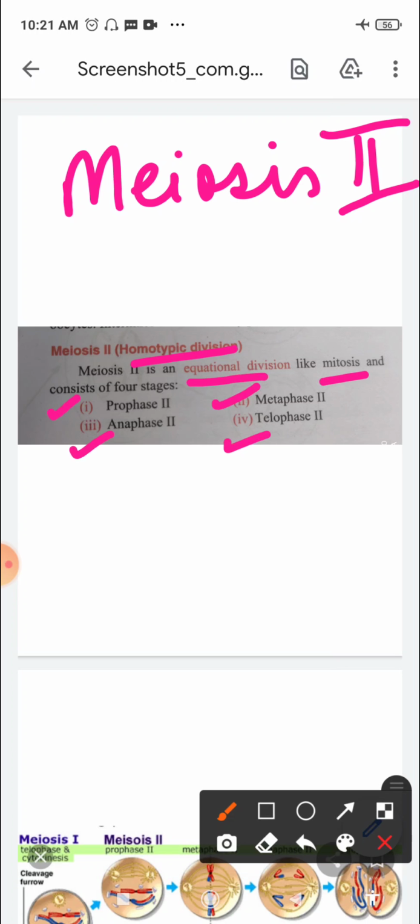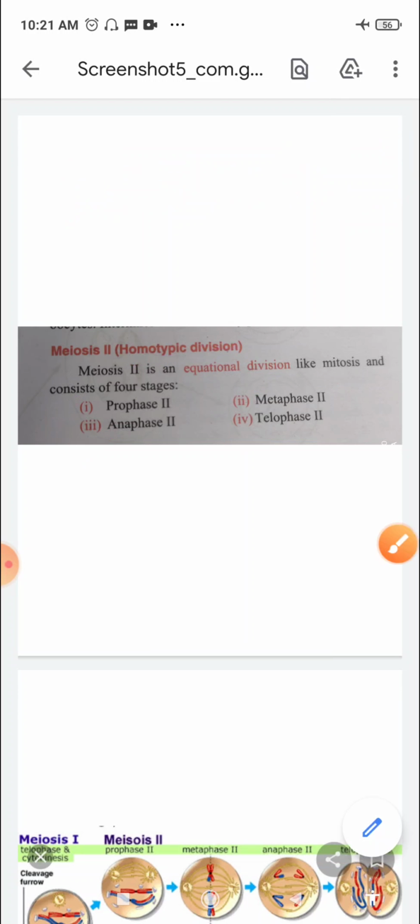Now if we go back to meiosis 1, we saw that the last phase of meiosis 1 was telophase 1, where regrouping of chromosomes had taken place at the poles, right? Each pole received 1/2 of the chromosomes.